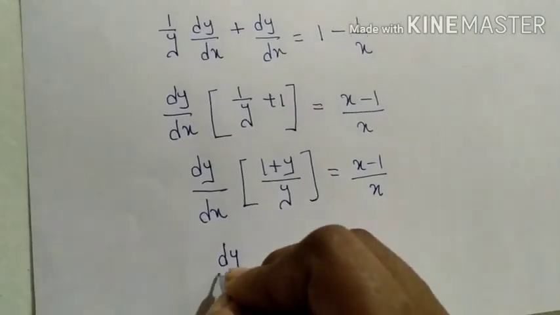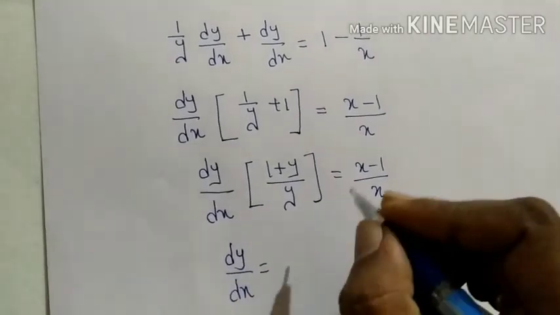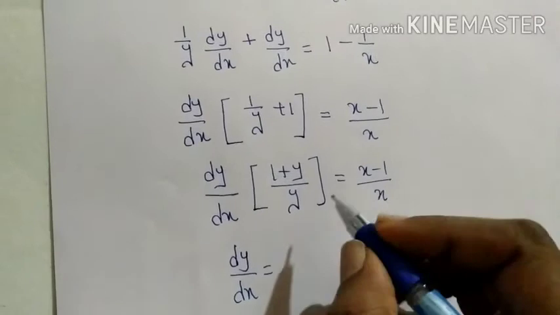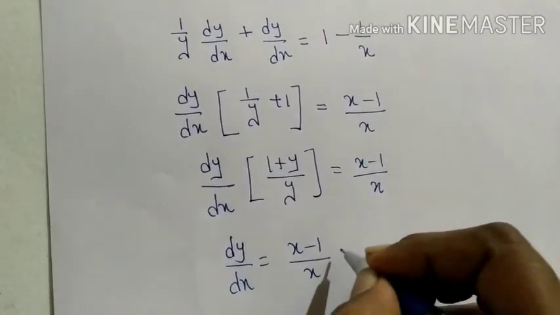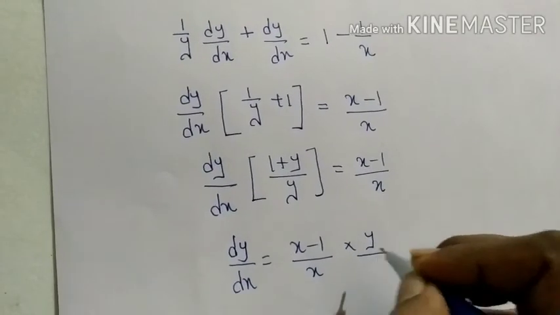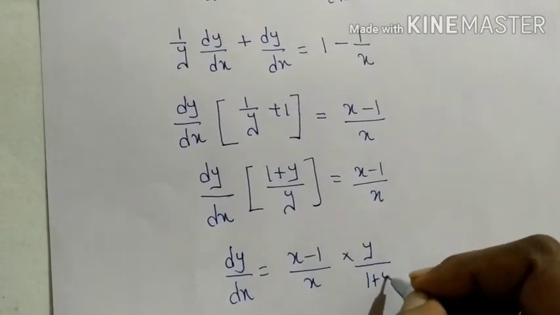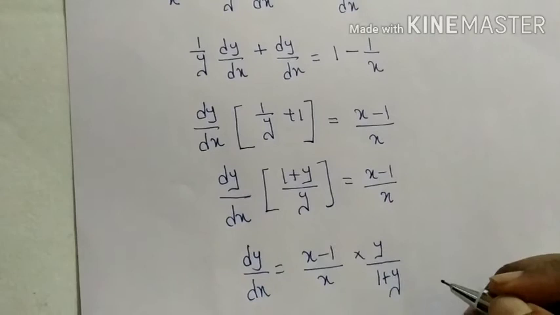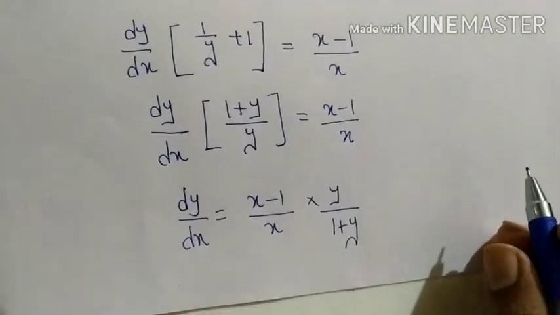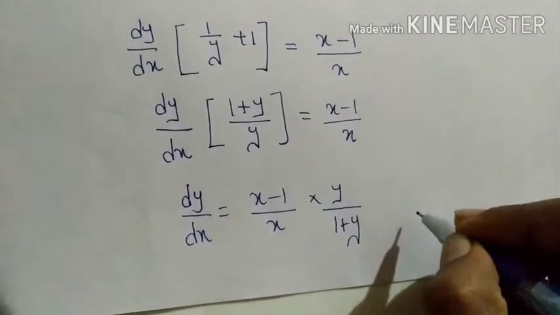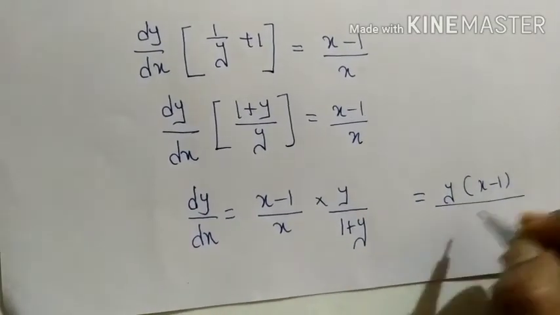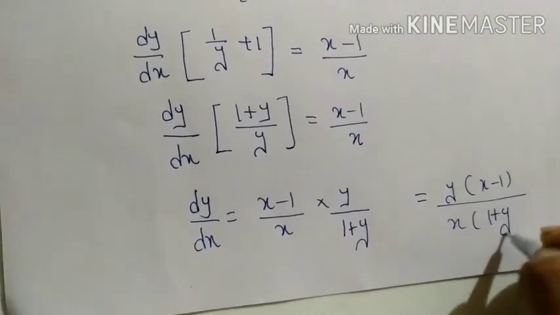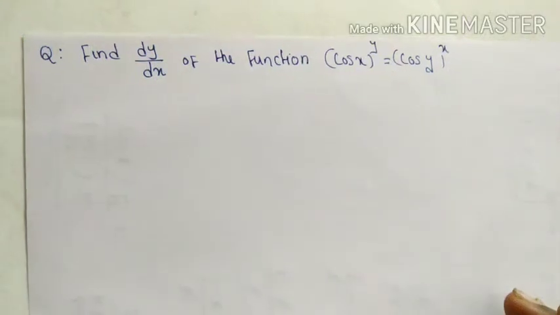So we need only dy by dx, and taking this term to RHS, we get x minus 1 by x into y divided by 1 plus y. Rearranging, we get y into x minus 1 divided by x into 1 plus y is the answer.